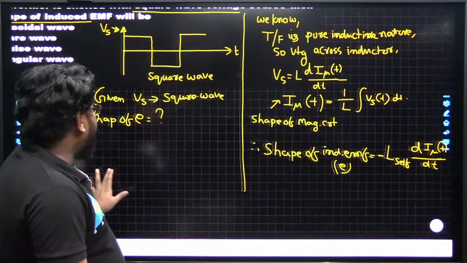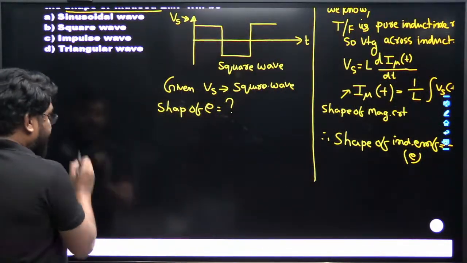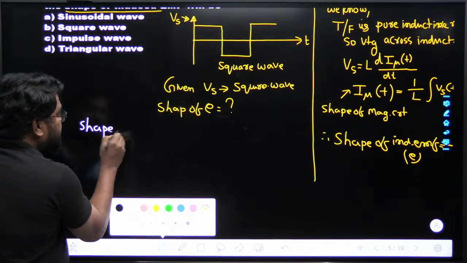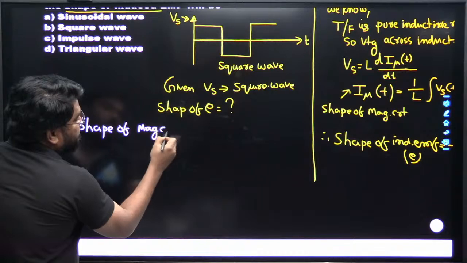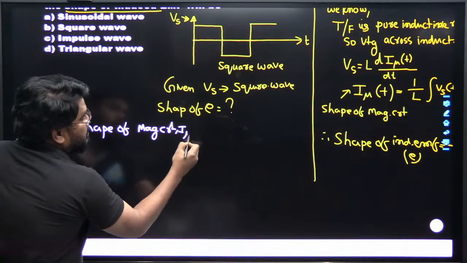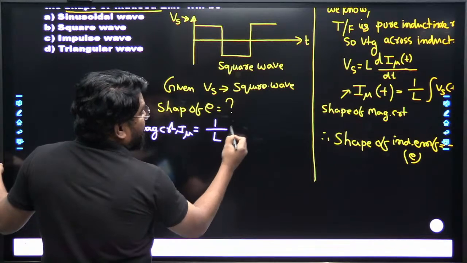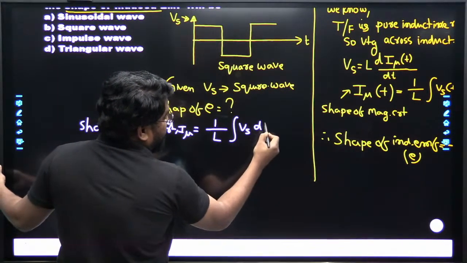Now here the given is a square wave. So let us find the shape of the magnetizing current i_mu.